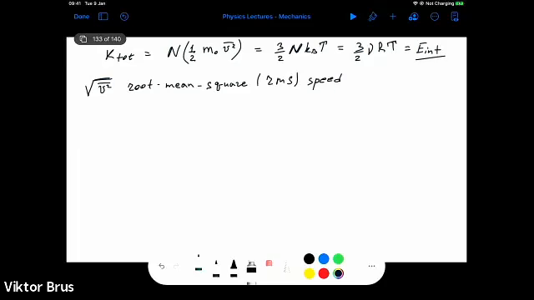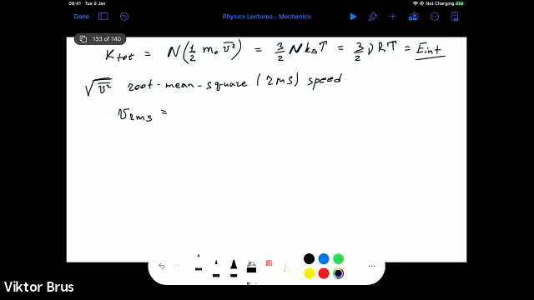This is a parameter which is defined by temperature and can be considered as some average velocity, like speed of molecules of ideal gas.